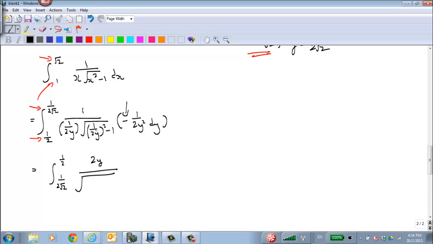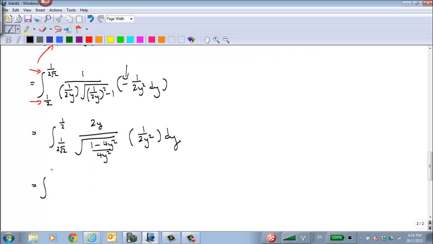Well, because we have a denominator in a denominator, the usual way to simplify this is to make it into one big fraction. Then from here, the square root of this will be 2y, and the 2y will also be flipped up.